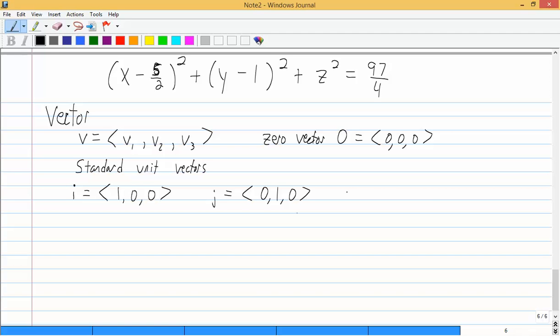Does anybody know the one in the third dimension that we use for the direction of z? That's k. So k is equal to the ordered triple 0, 0, 1.